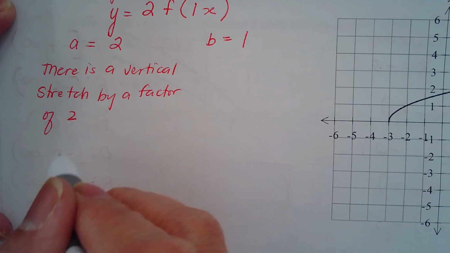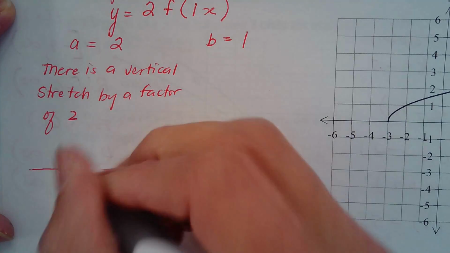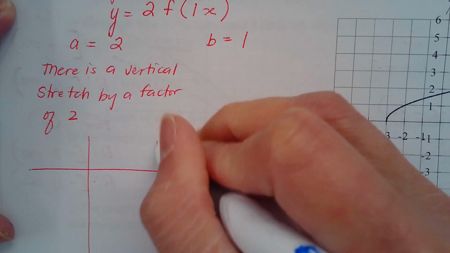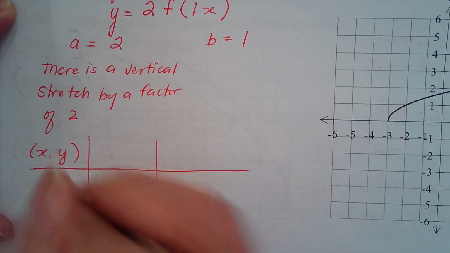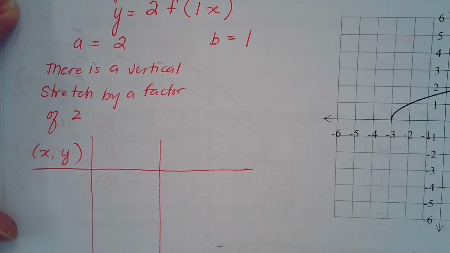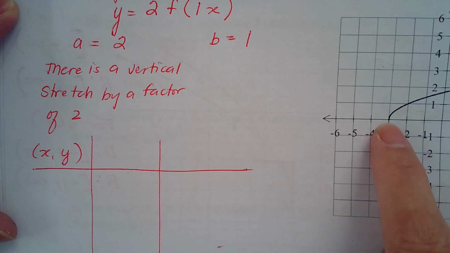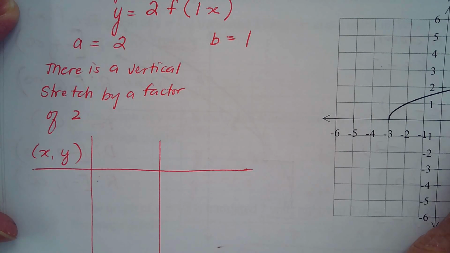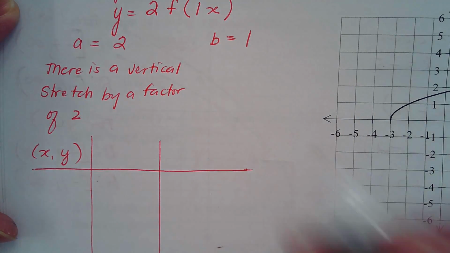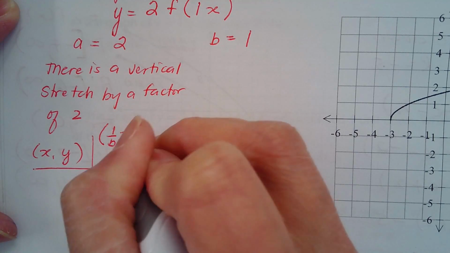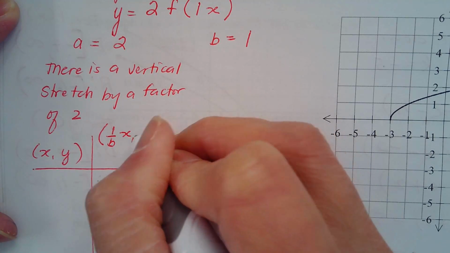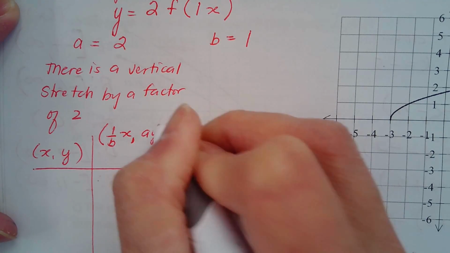So let's do the mapping. x, y is the original graph before the transformation happened. And this one is going to give us 1 over b times x, comma, a times y.